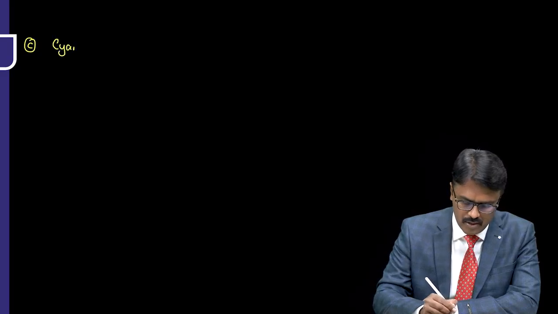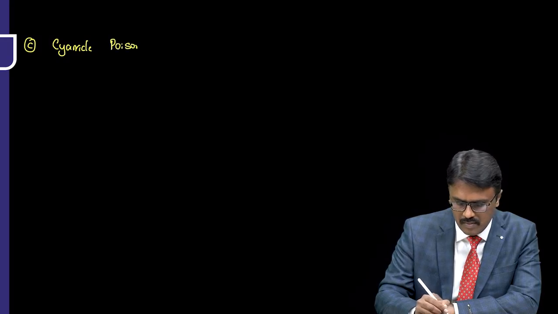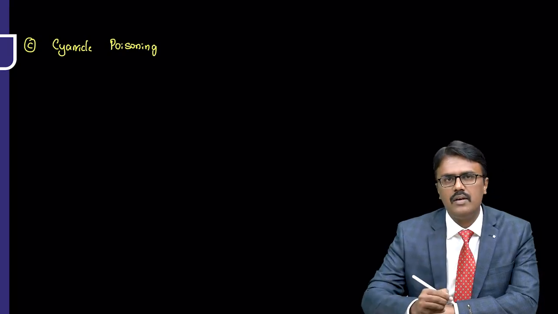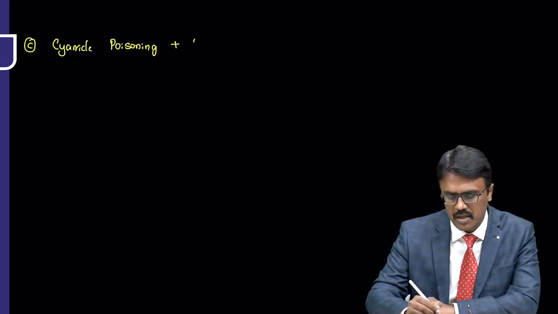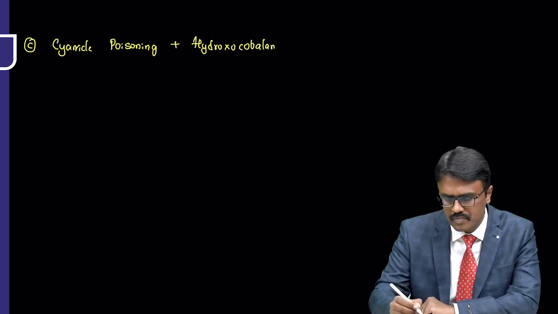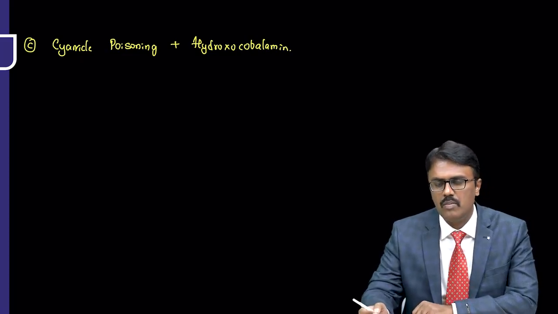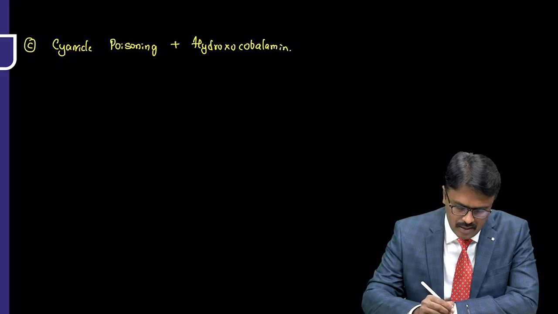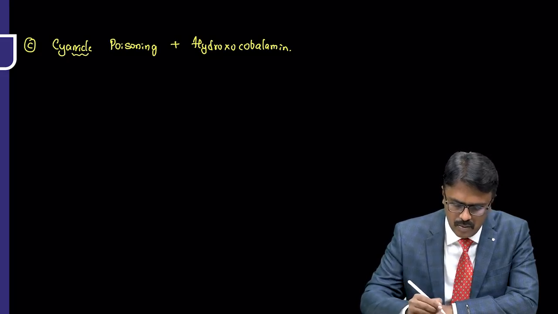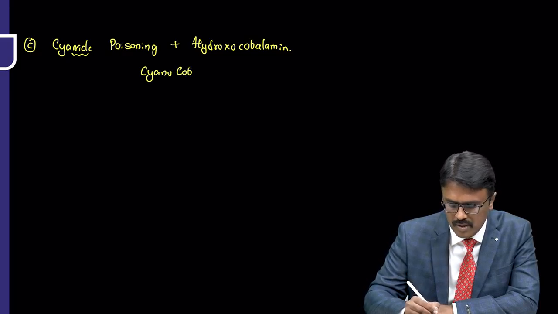Moving on to the other uses of B12. Another use is, it is also used in cyanide poisoning. Now, what is the drug we use for cyanide poisoning? It is hydroxycobalamin. Now, why do we use it? In cyanide poisoning, hydroxycobalamin combines with cyanide to form cyanocobalamin.